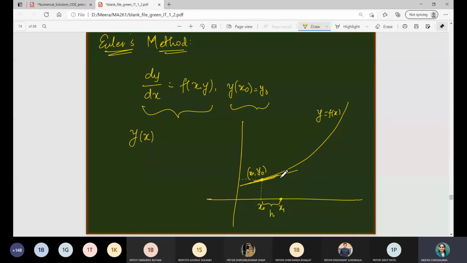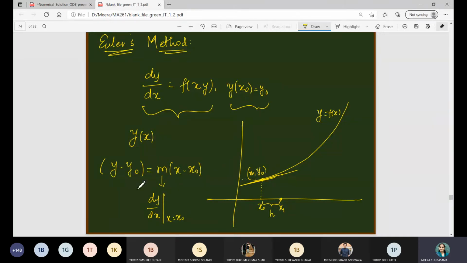Now you know the tangent line equation. In that, substitute x equal to x1, then you will get the corresponding y value. If you remember, the tangent line equation is y minus y0 equals m into x minus x0, and this line passes through the point x0 comma y0, where m is nothing but dy by dx at the point x equal to x0.